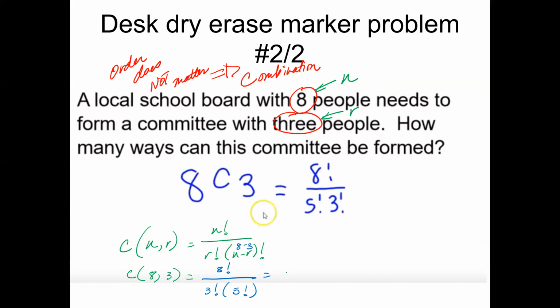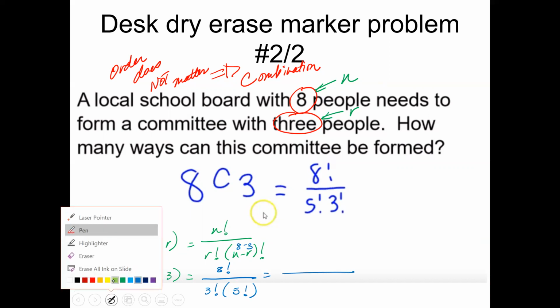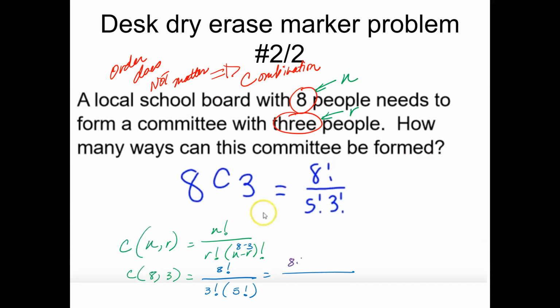So let's go ahead and extend this. On top, you are going to have 8 times 7 times 6 times, I'm just going to put 5 factorial because it's 5, 4, 3, 2, 1. And the reason I'm doing this is because I have the 5 factorial right here. And rather than writing 5, 4, 3, 2, 1 top and bottom, it just saves me some time, because I know immediately I'm going to be canceling this, so it's going to be gone.